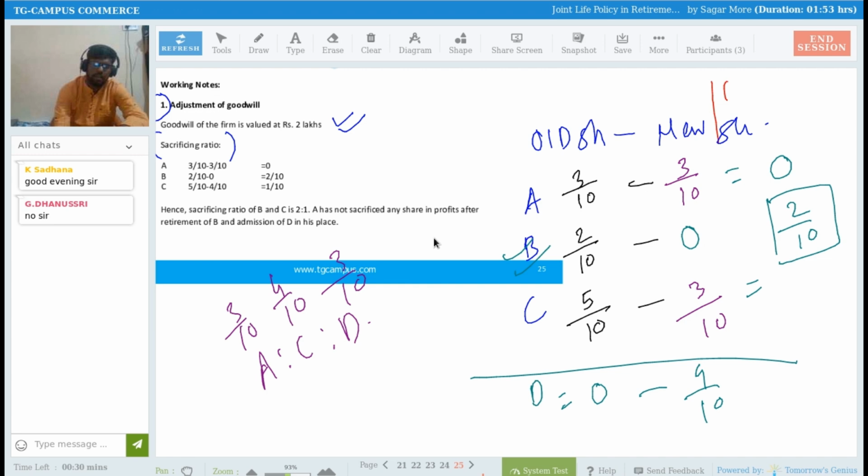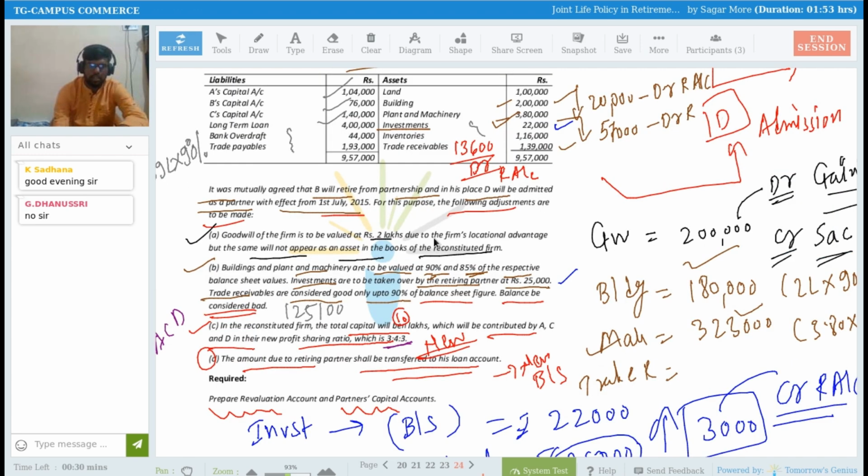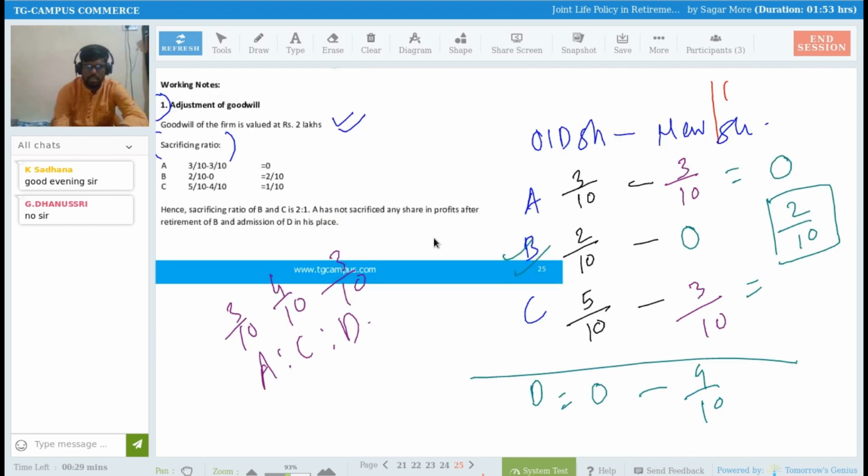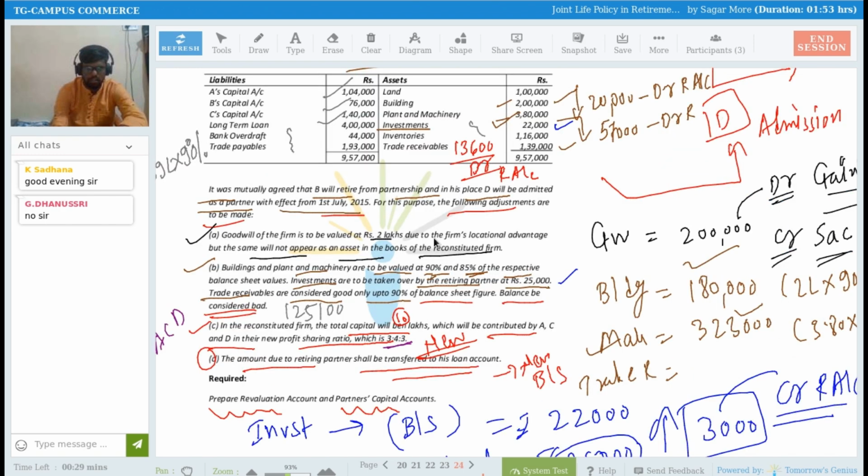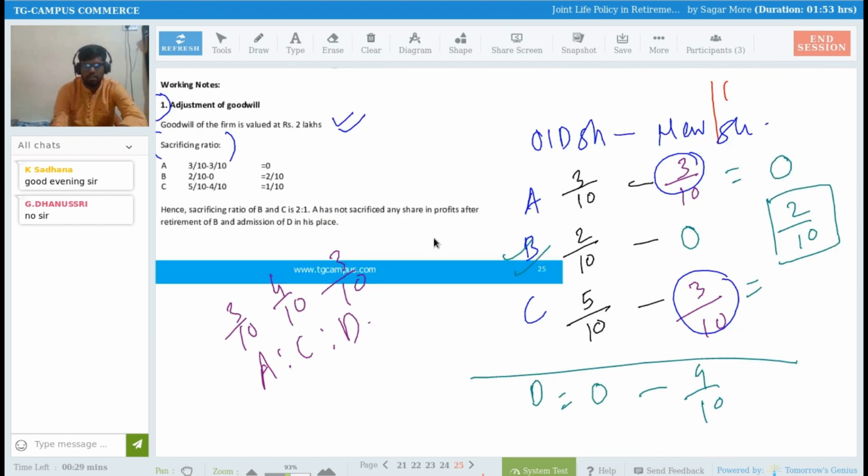Yes or no? Let's check once. A, C, and D: 3/10, 4/10, and 3/10. Okay, C is not 3/10, C is 4/10. I've written it wrongly. I will change it.